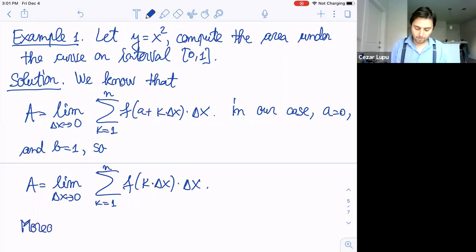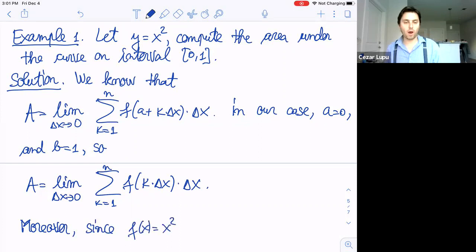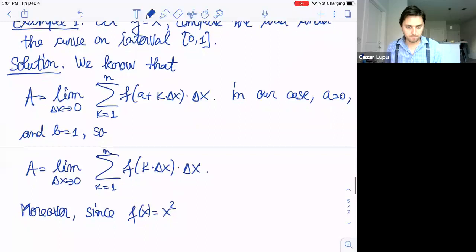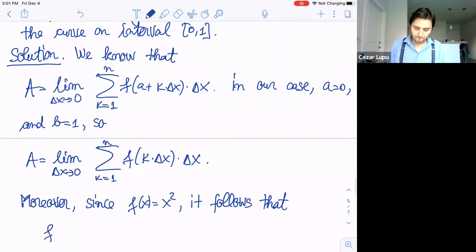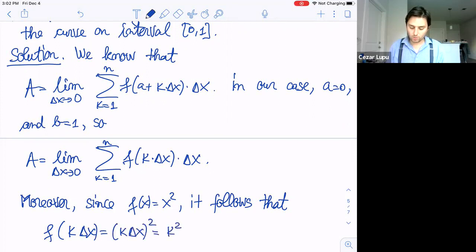This is important. And now we have to see who f is. We know that f of x is x squared, because y equals f of x is the curve in general. It follows that f of k times delta x will be nothing else than k delta x everything squared, which is nothing else than k squared delta x squared.